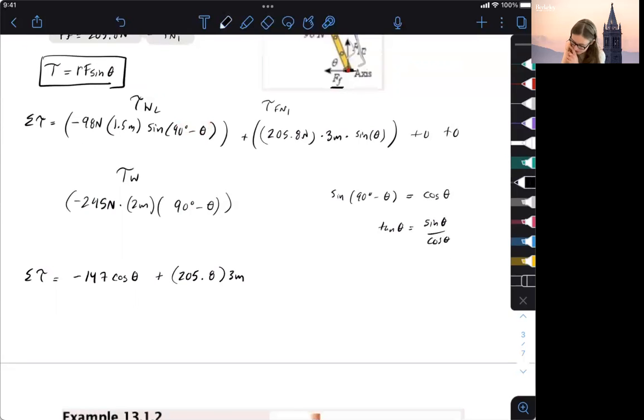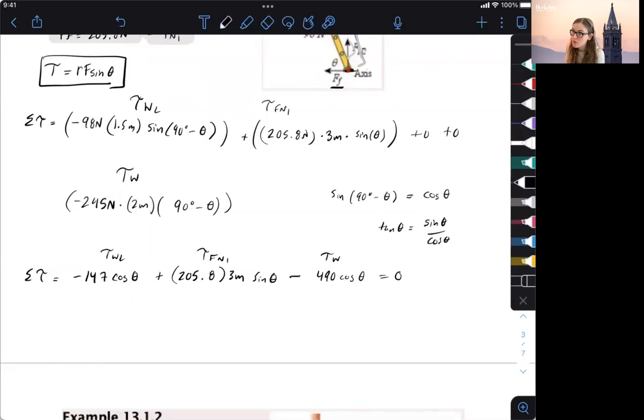Sorry, I'm not simplifying this one yet. And then I have sine of theta for this guy. And then this last piece here, so this was torque from the ladder, this was torque from Fn1, and then minus torque from the weight. And the torque from the weight for the last guy was 490, just simplifying a little bit, cosine of theta. And then all of that is equal to 0.